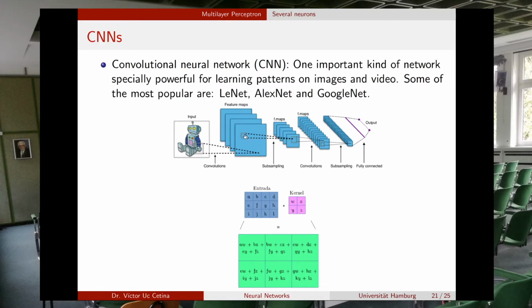By doing that you reduce the dimension, because out of 4 numbers you keep only 1. So you can keep doing layers of convolution and layers of subsampling. The idea is to keep those numbers that are larger, because you assume that larger numbers contain more information.